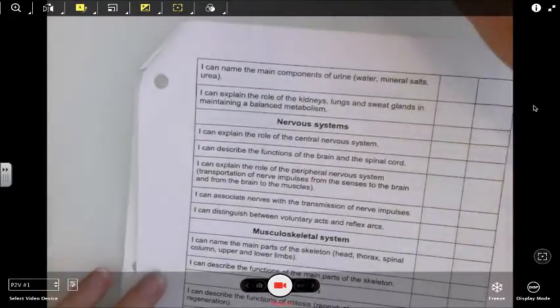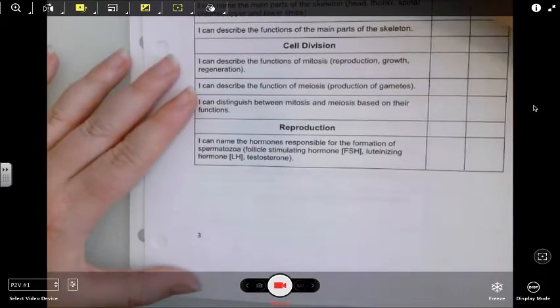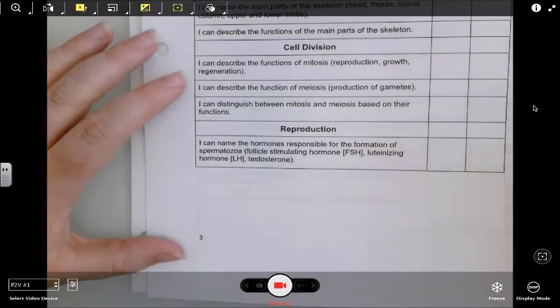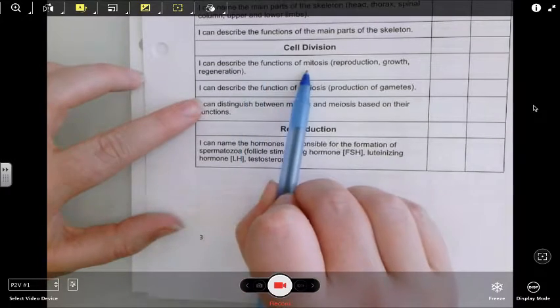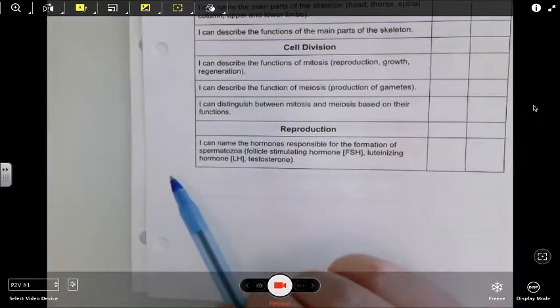Okay, so if you go to the second page at the bottom for reproduction, we kind of have cell division and then this reproduction part. So you do need to know mitosis and meiosis. So I can describe the functions of mitosis. Mitosis is for reproduction, growth, and regeneration.